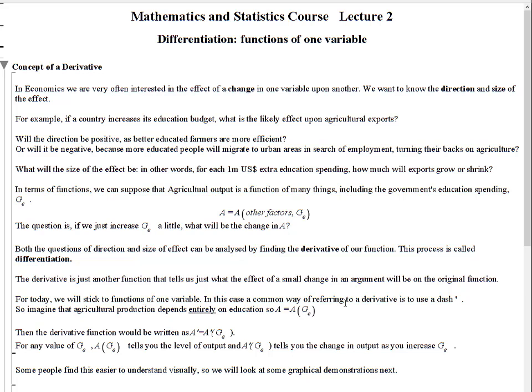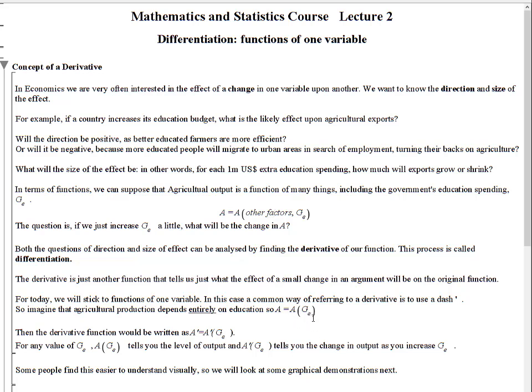When we have one variable, a common way of writing a derivative is just to use a dash. So imagine just for today that agricultural production depends only on education. So forget these other factors. Agricultural production depends on education, so A is just a function of G like this. A is a function of government education spending.